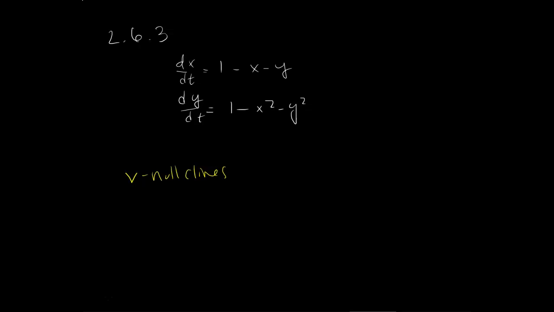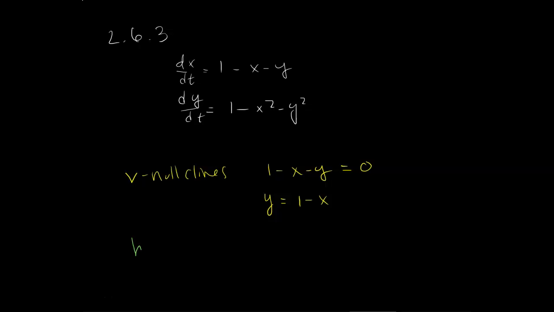So that's when you have 1 minus x minus y, your derivative of x with respect to t, equal to 0. So this gives you one real line. So let's think about how I would set this up. Well, maybe I just write it as y equals 1 minus x. So this will give us a line in our xy plane. And I'll graph that in just a second.